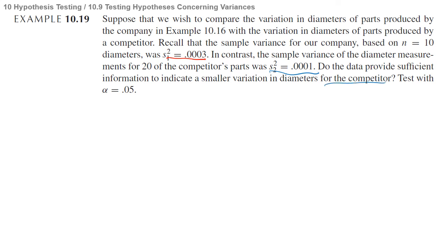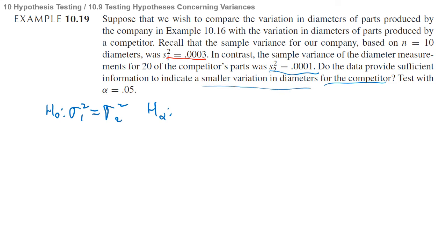So the null hypothesis H0 is sigma 1 squared is equal to sigma 2 squared, and the alternative hypothesis is that sigma 1 is ours and sigma 2 is the competitor's, and the competitor has the smaller variance in diameter.